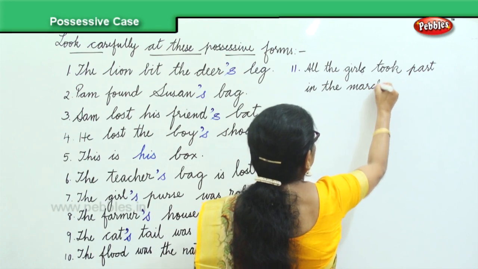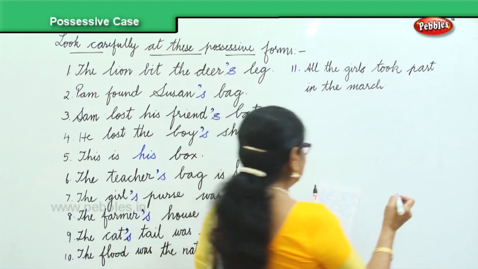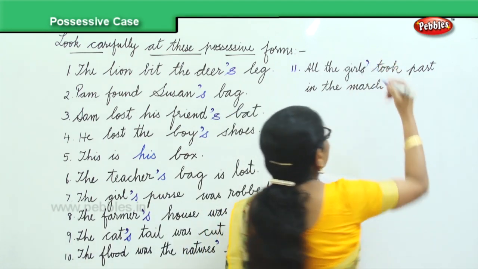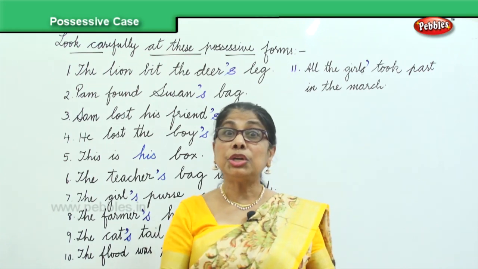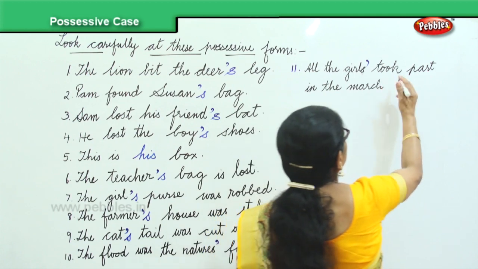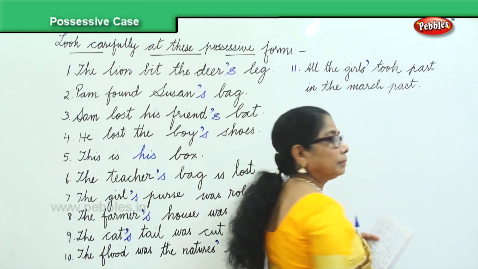There was a march past and all the girls took part. So the possession is for the girls, all the girls, apostrophe S. All the girls took part in the march past. Okay?